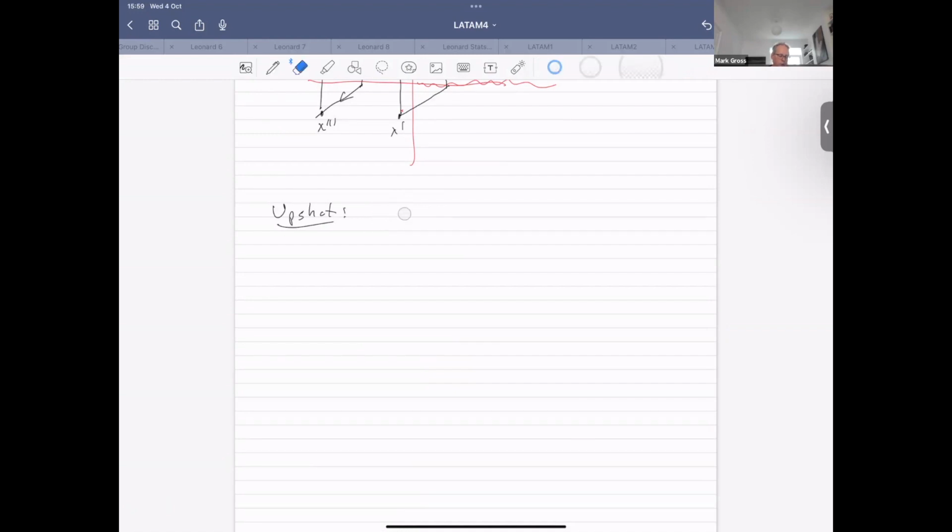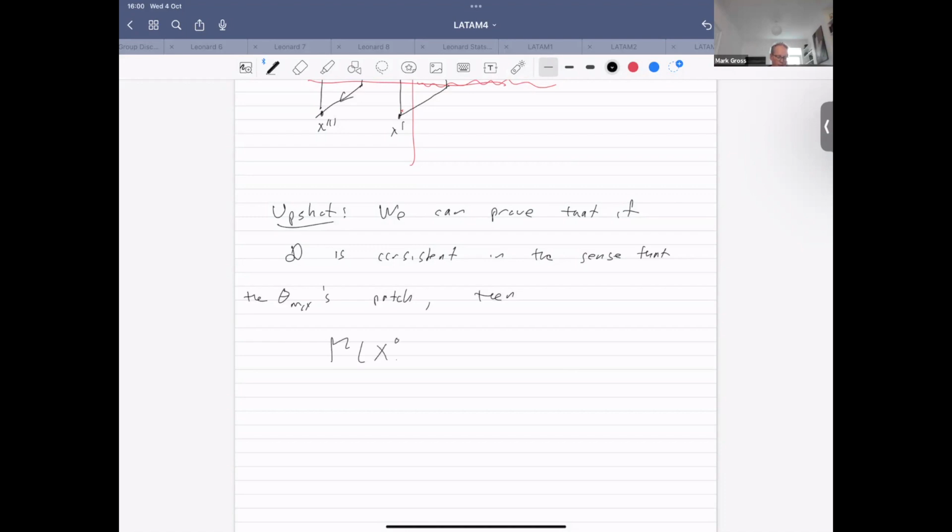We can prove, so this is in a sense the theorem, that if D is consistent in the sense that theta functions patch, the theta m's patch, then in fact there's a nice simple form for the ring of functions on this glued gadget.